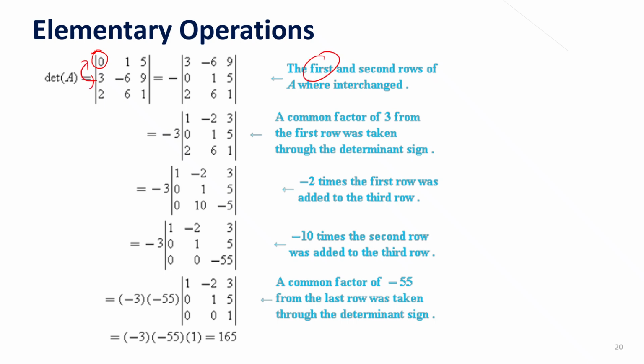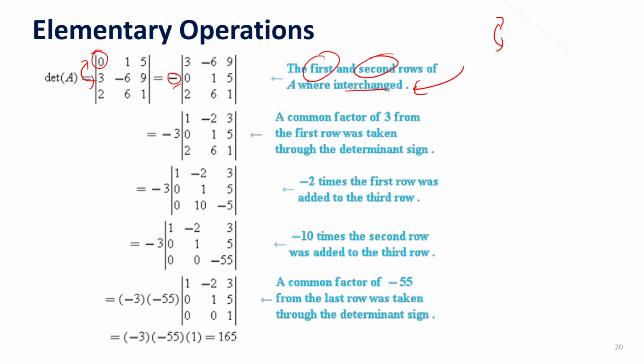The first and the second row are interchanged, so you have new values here: 3, minus 6, 9, 1, 5, 2, 6, 1. Remember, when you interchange rows, the determinant will be the negative sign of the previous one. So a row interchange introduces a negative sign.